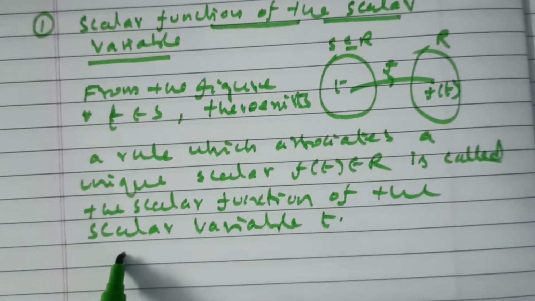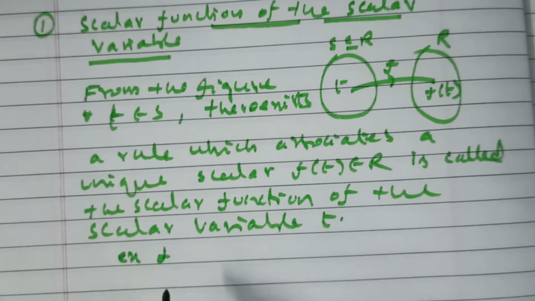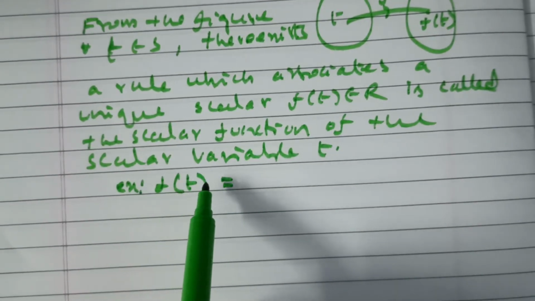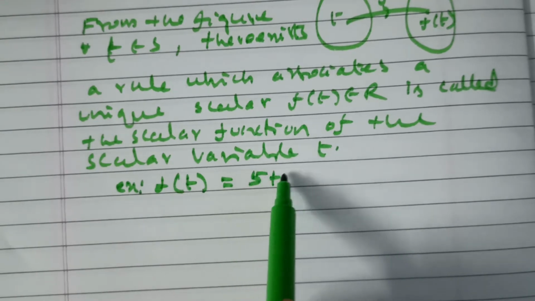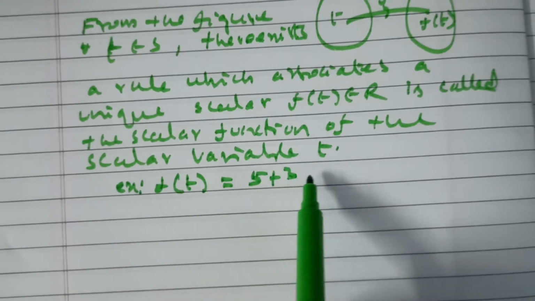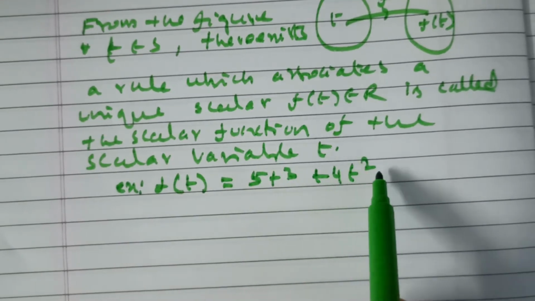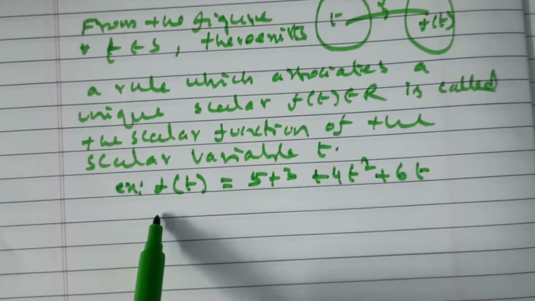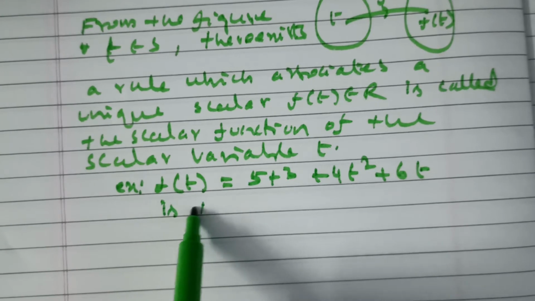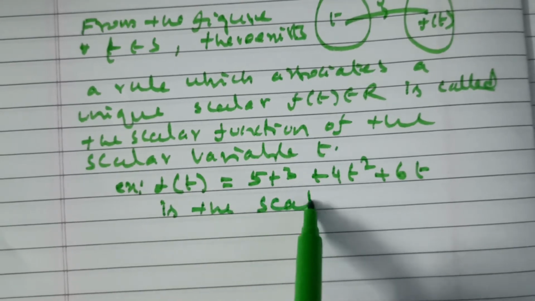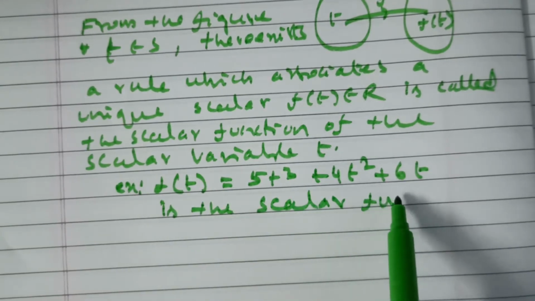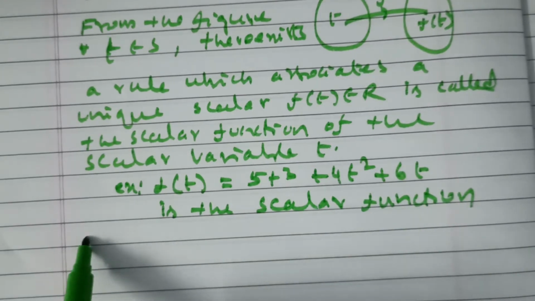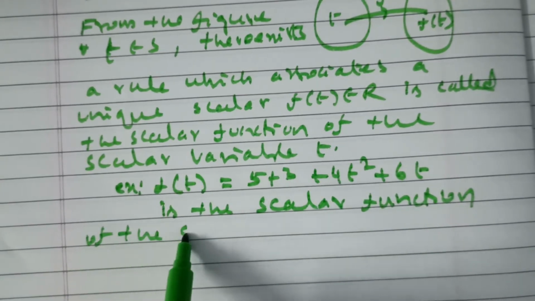Example, f of t is equal to 5t cube plus 4t square plus 6t is the scalar function of the scalar variable t.